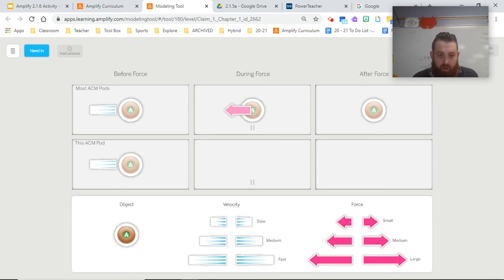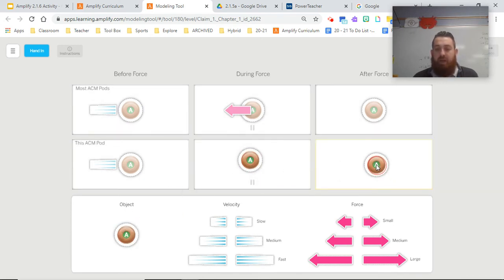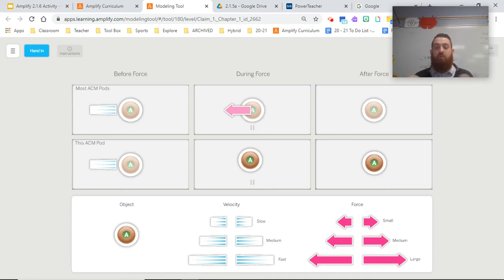So you're going to start by having your objects placed, and these objects represent your pod. And your job is to think about what force would have been applied to cause our pod to then move in the opposite direction. And you're going to have to move our velocity tails over to the after force column and our force arrows into the during force column to recreate this situation.